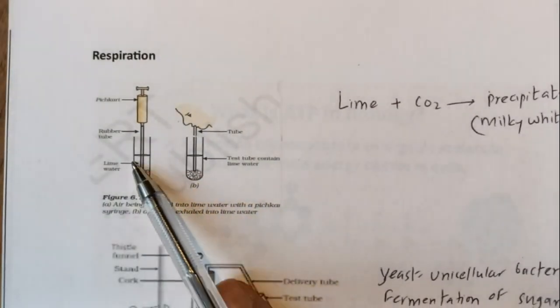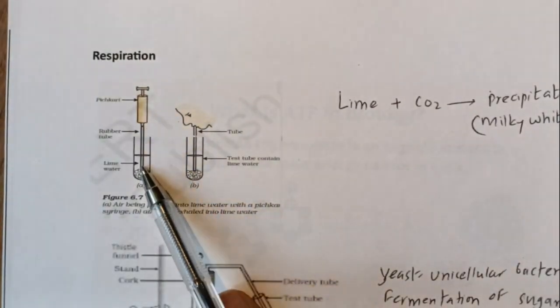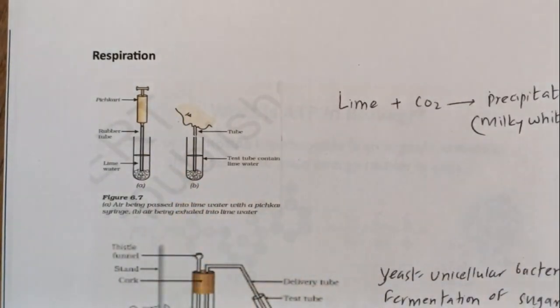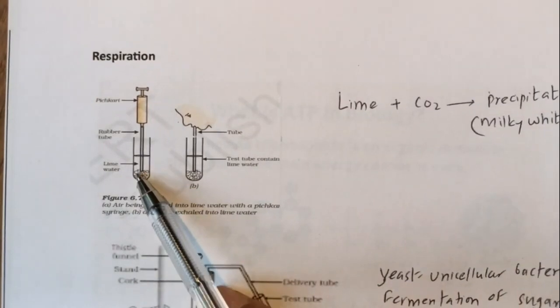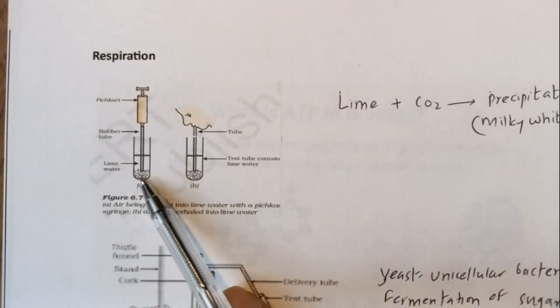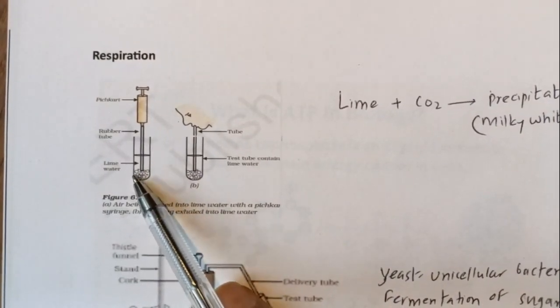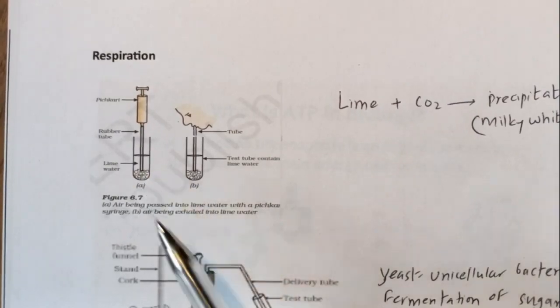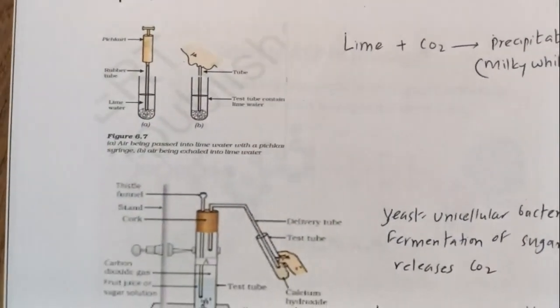Whereas here, because you are pushing fresh air that has very little carbon dioxide, it will take a lot of time for this lime water to turn milky, or it may not turn milky if you don't try hard enough.